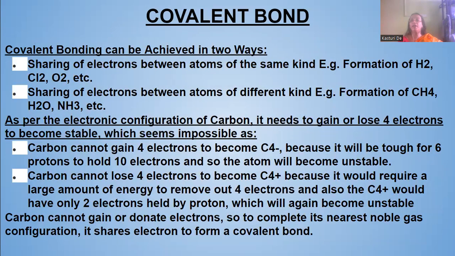Now, covalent bonding can be achieved in two ways. First, sharing of electrons between atoms of the same kind, for example, formation of hydrogen, chlorine, oxygen, etc. These molecules are formed between the atoms of the same kind, that is, a hydrogen molecule between two atoms of hydrogen, a chlorine molecule between two atoms of chlorine, and an oxygen molecule between two atoms of oxygen.